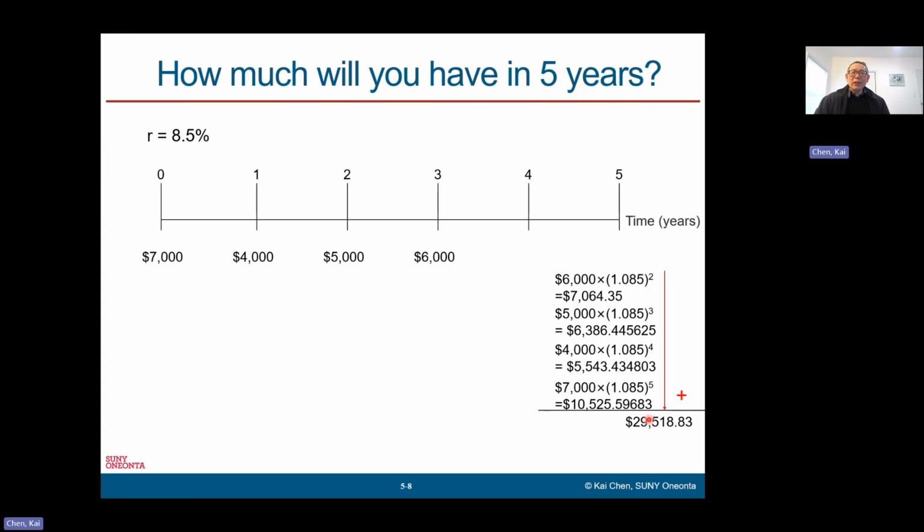Let's recall the price of your car at the end of year 5. That is $29,000. So you can afford your car at the end of year 5. There is no problem.